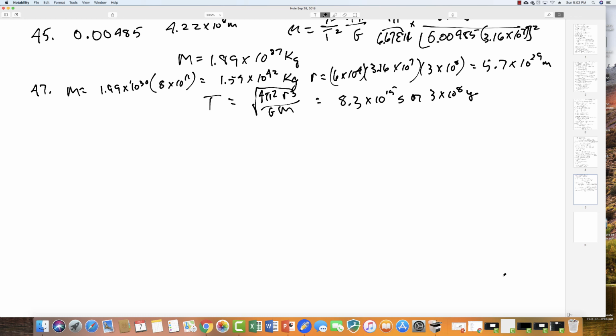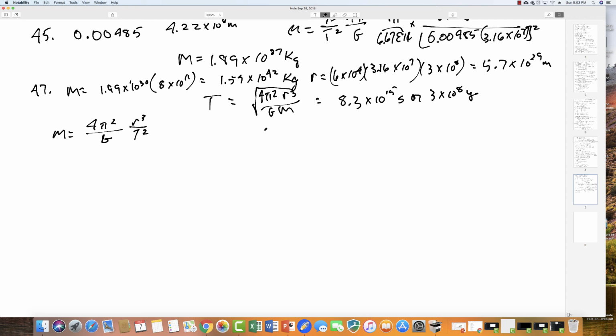And then part B just changes what the period is and asks you to calculate back to the mass. And I'm not going to go through it all, because of time on this section, but I'll go ahead and do this. M is equal to 4 pi squared over G times r cubed over T squared.